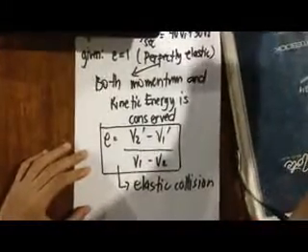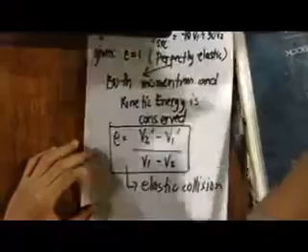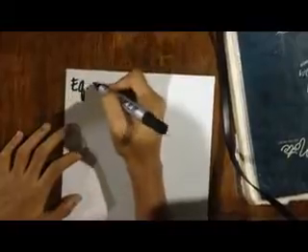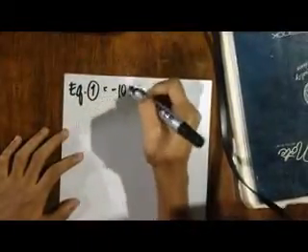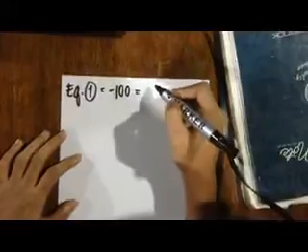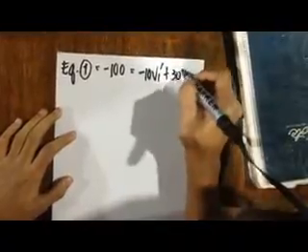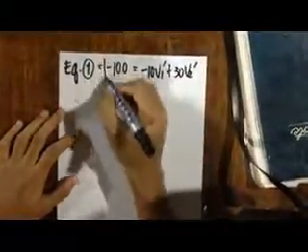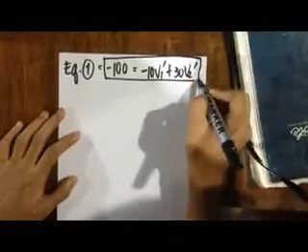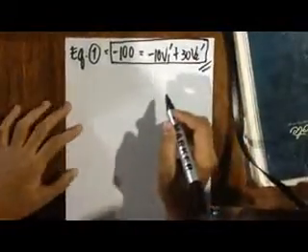So we can now actually solve the problem. I'll just copy the formula and equation number 1. Equation number 1 is negative 100 is equal to negative 10 V1 prime plus 30 V2 prime. This is equation number 1.